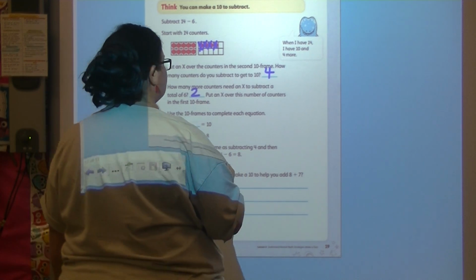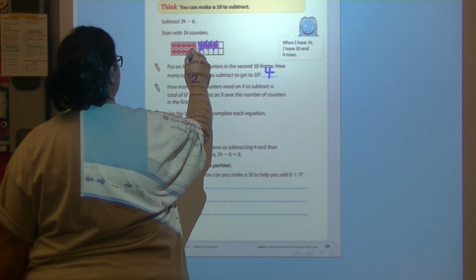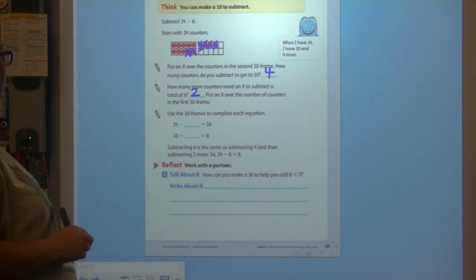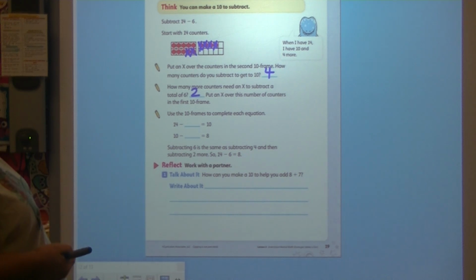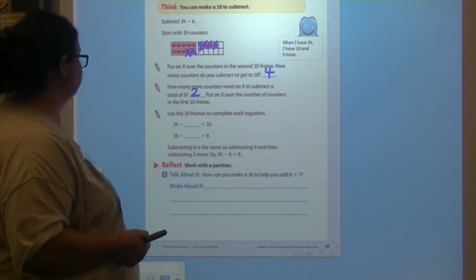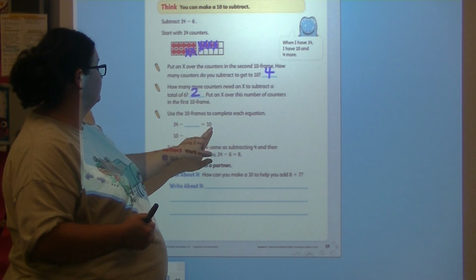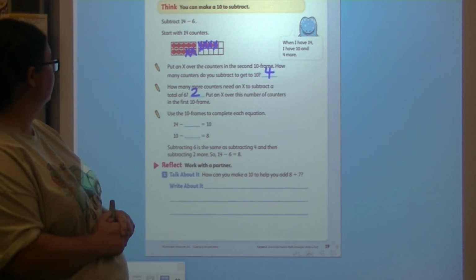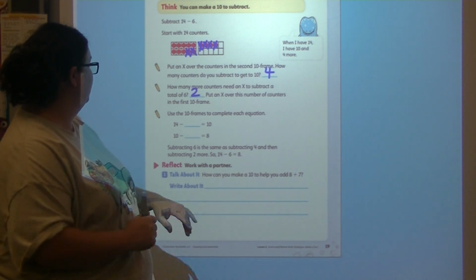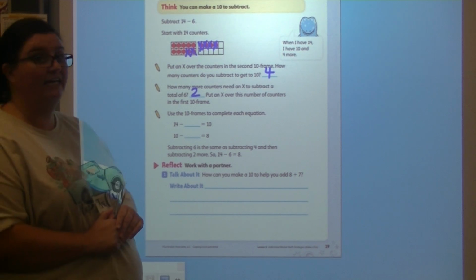Put an X over this number of counters in the first frame. Now, use the tens frame to complete each equation. 14 minus blank equals 10. All right, what did we subtract to get to 10?